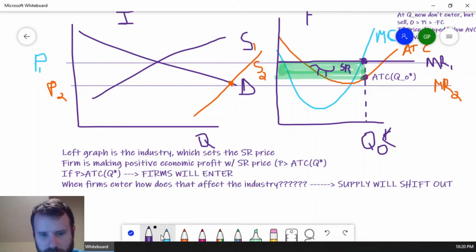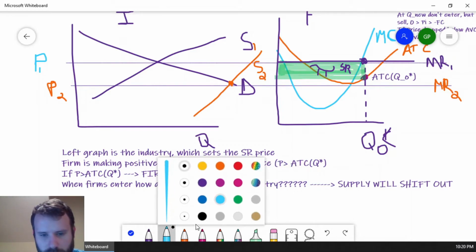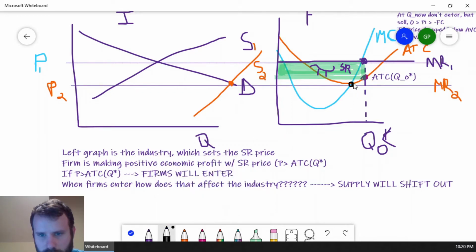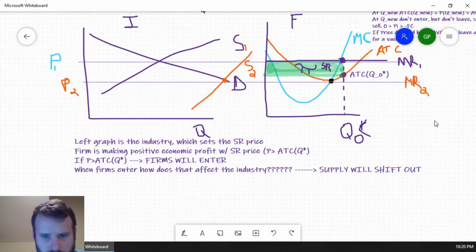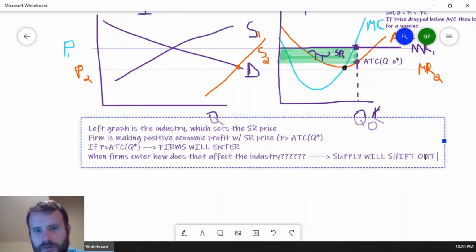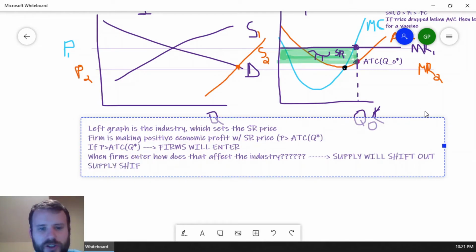Let's do black. So they're going to keep entering until the price will drop to average total cost. So specifically supply shifts out until price drops to break-even price.